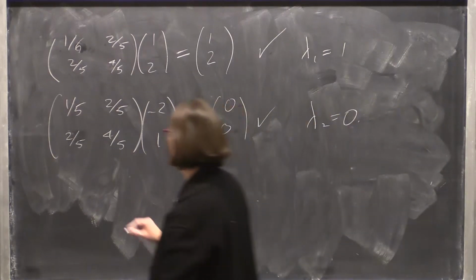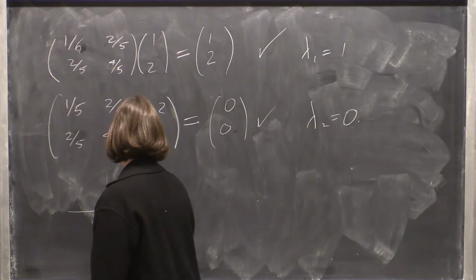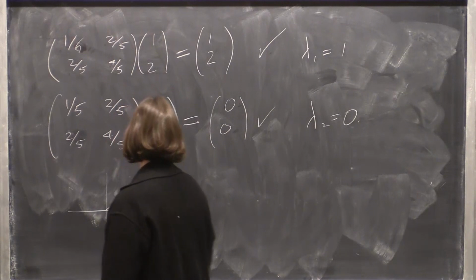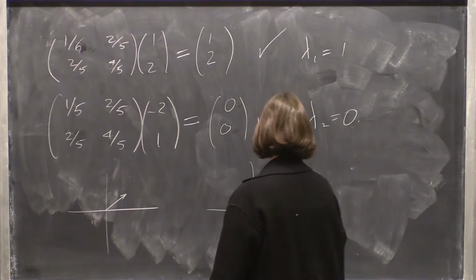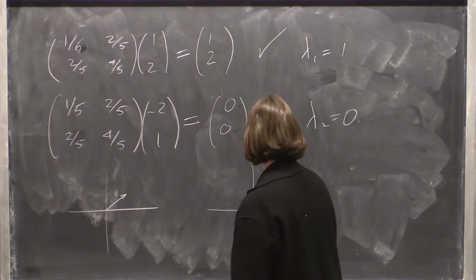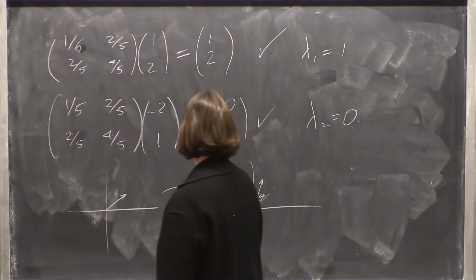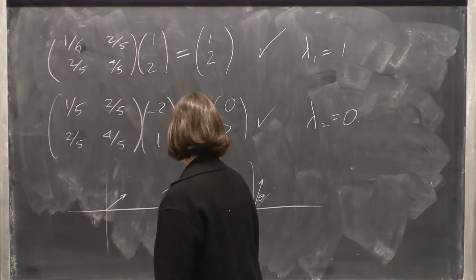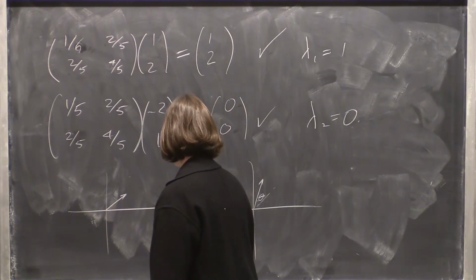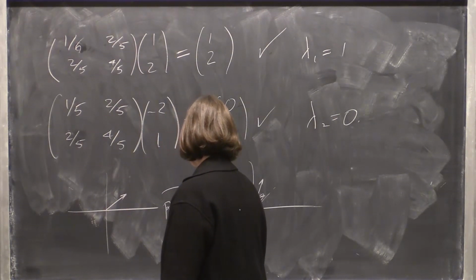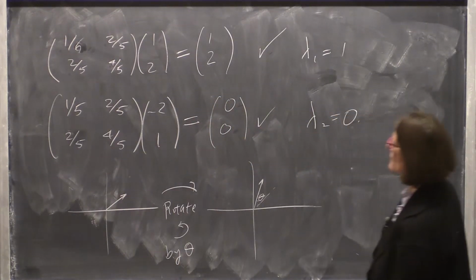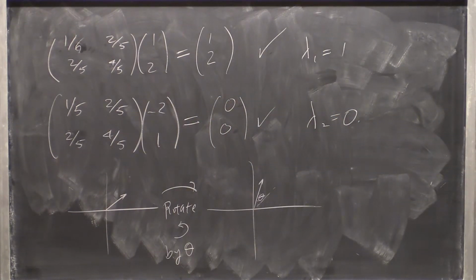Now, if I try a rotation, so I take a vector and I rotate it counterclockwise by theta. Can you think of any vector which, after rotation, is just some number times the original vector?